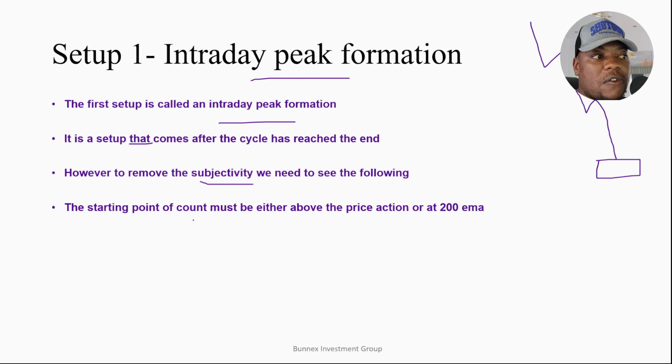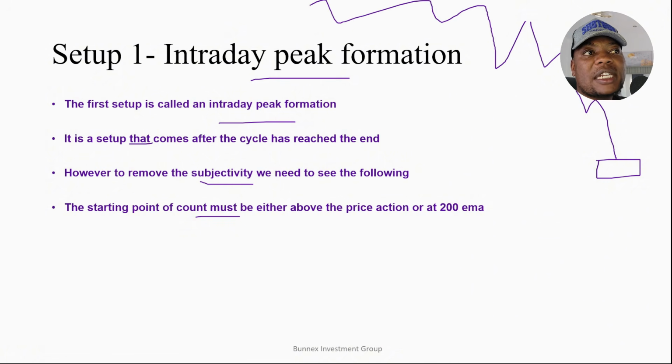So the starting point of the count must be either an utmost high, the highest point, or the lowest point, or it bounces at the 200 EMA. Those are the 2 points where you are going to initiate your count, as I'll show you.